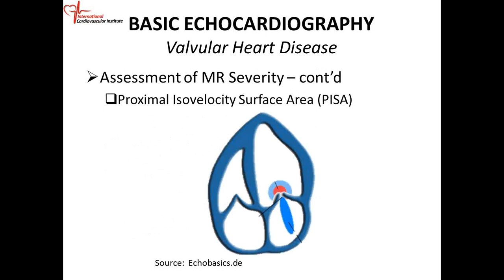If you were to draw it, your left ventricle is there, left atrium is right there. This is the regurgitant flow going from the LV back into the left atrium. And in the left ventricle, you get these series of hemispheric shells, concentric shells.